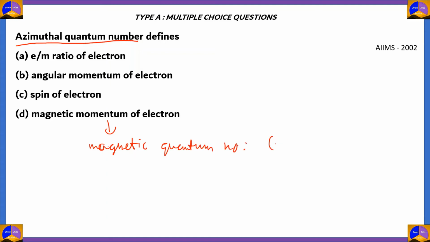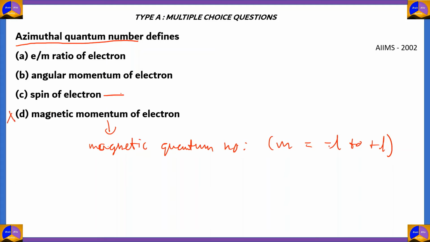And this magnetic quantum number is represented by m, and it has a value of minus L to plus L, where L is the azimuthal quantum number. So since magnetic momentum of electron is represented by the magnetic quantum number, option D is incorrect.